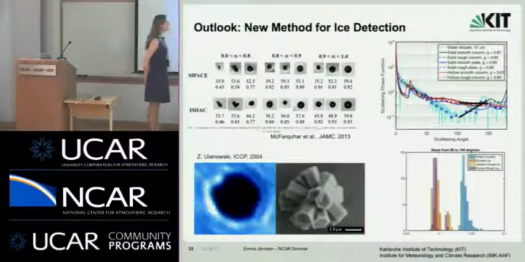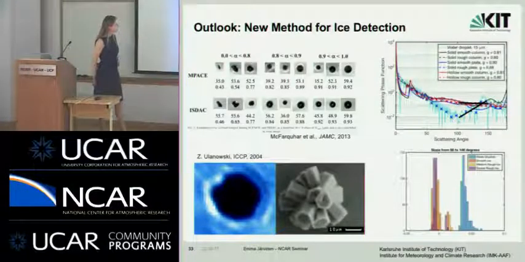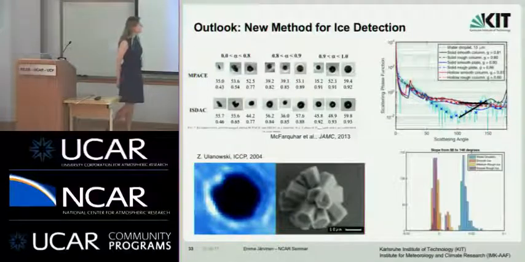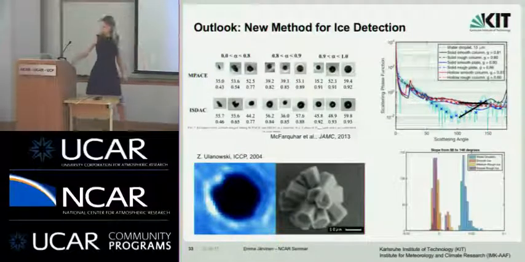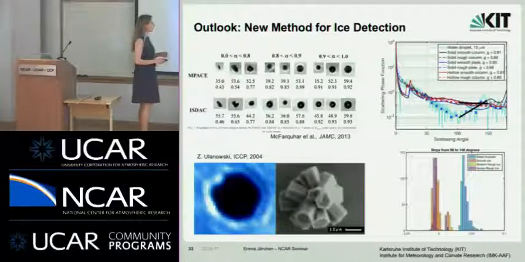And for different shapes, they similarly predict that the shape doesn't matter that much? Well, you still have some differences in the functions for different shapes. Okay, this is maybe not the best one because we have here columns and plates that are just with different aspect ratios, like hexagonal columns.